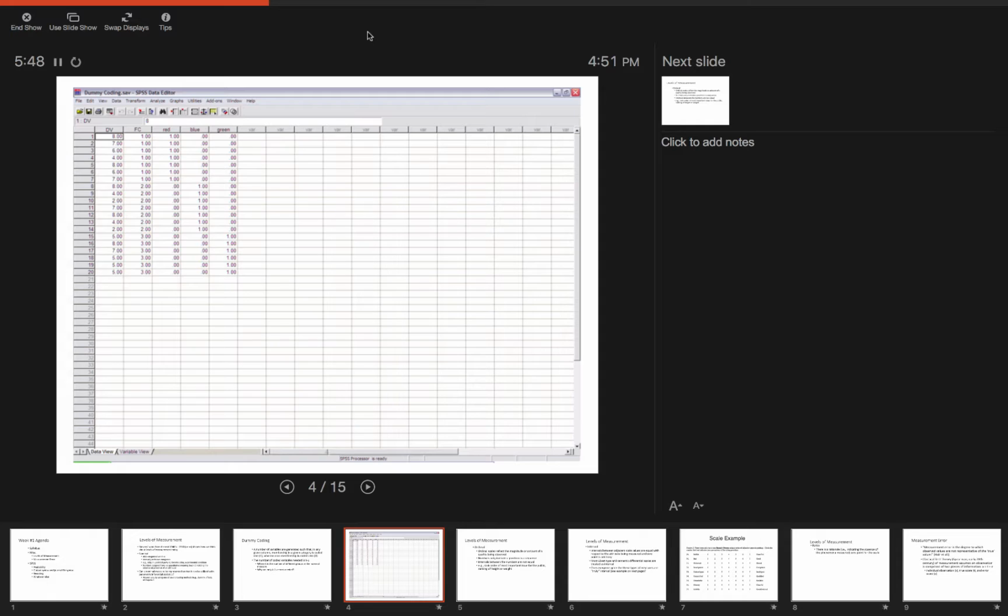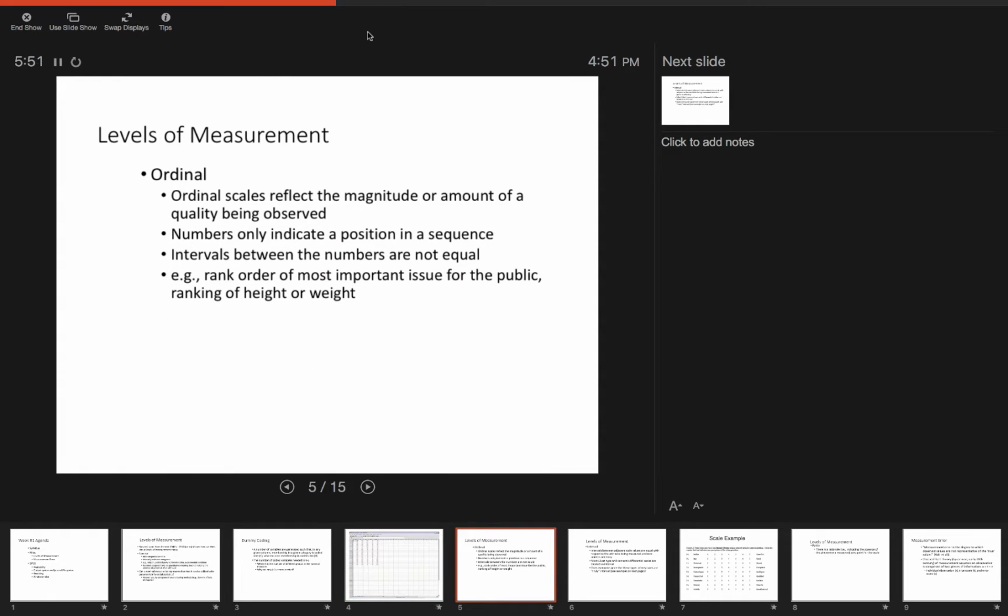So that's nominal, and then the next level of measurement, so we're sort of moving up. Nominal, we have the least amount of information. Ordinal, the way that I think of ordinal is we have some order, right? Nominal is in name only.